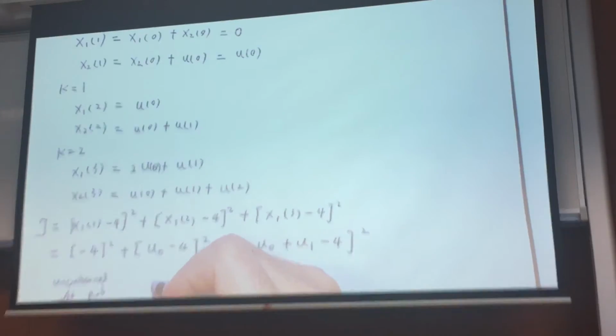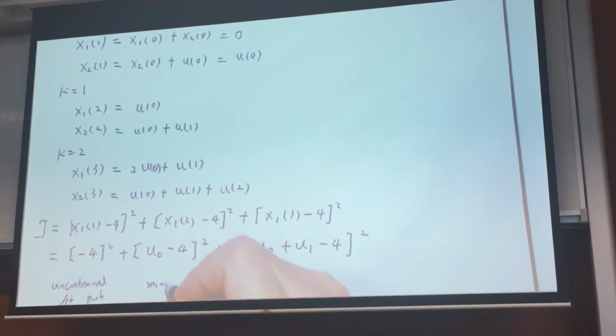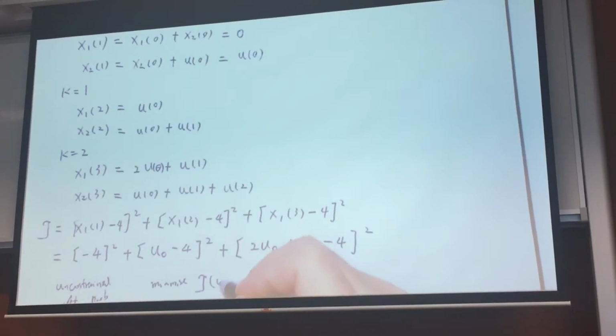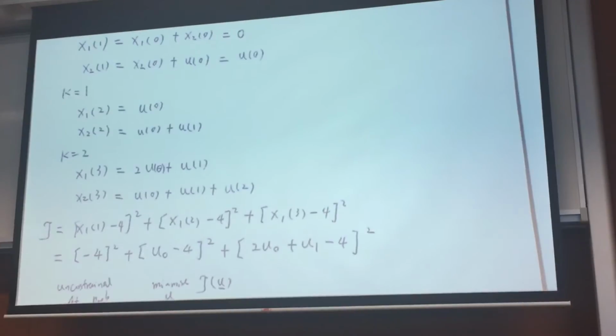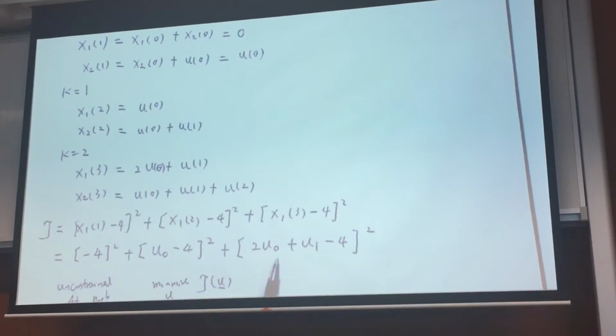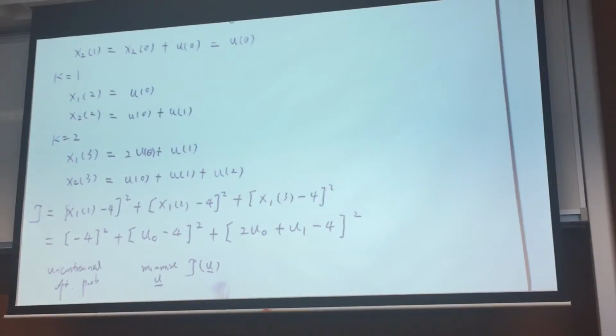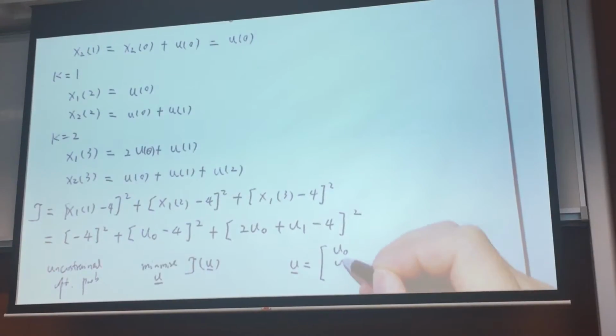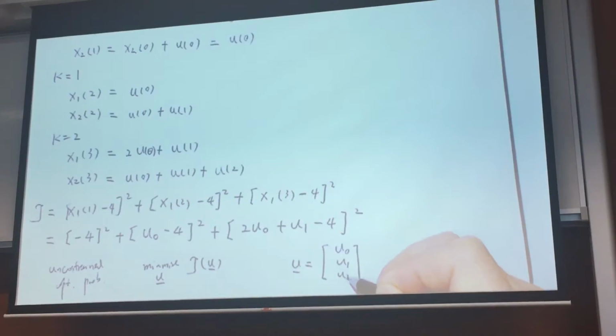The standard definition is to minimize the cost function of u by using this u. So now we have exactly the same form. So this u is given by u0, u1, and u2.